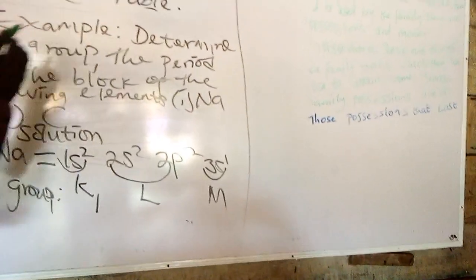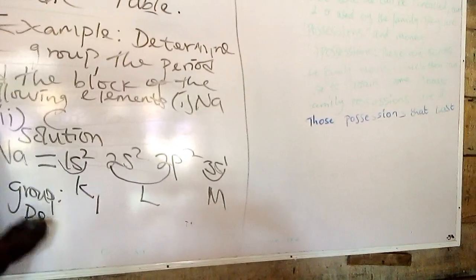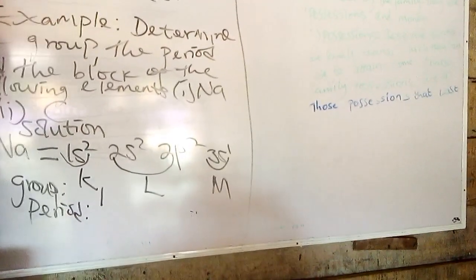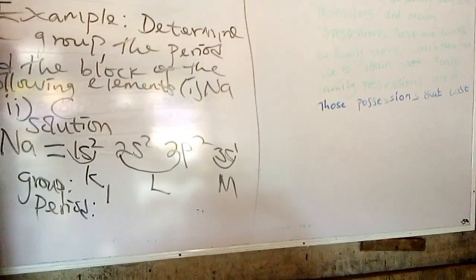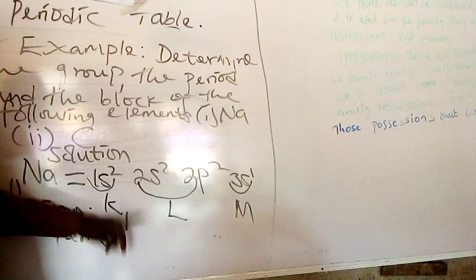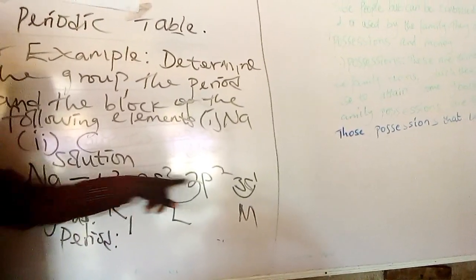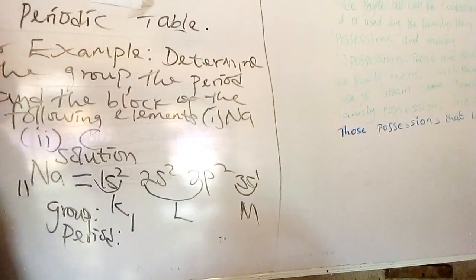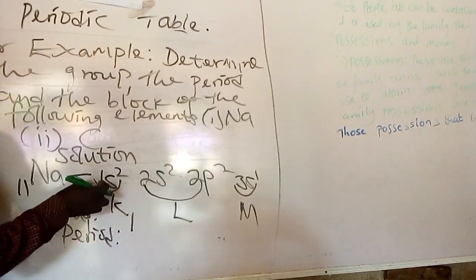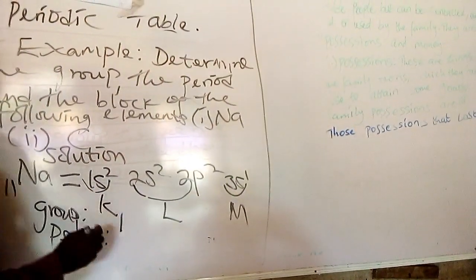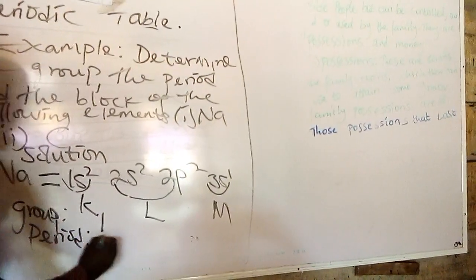Now, the period is determined by the principal quantum number, the number of s orbitals in the electronic configuration. We have 1s, 2s, 3s, so it belongs to period 3.